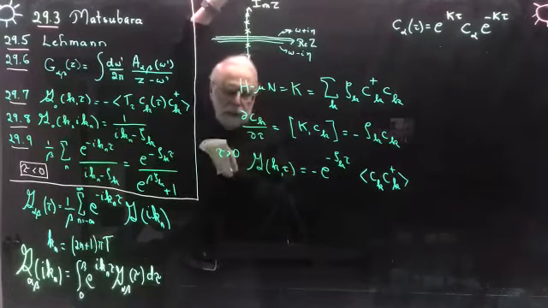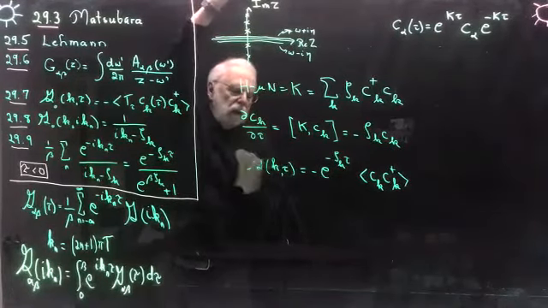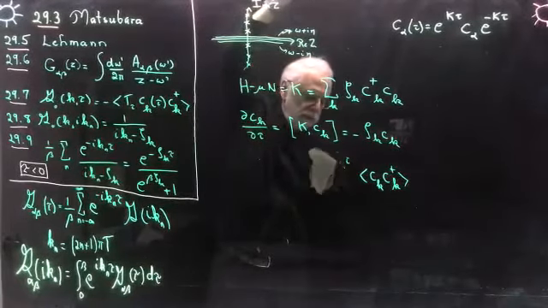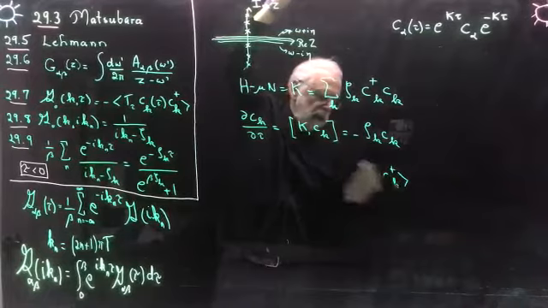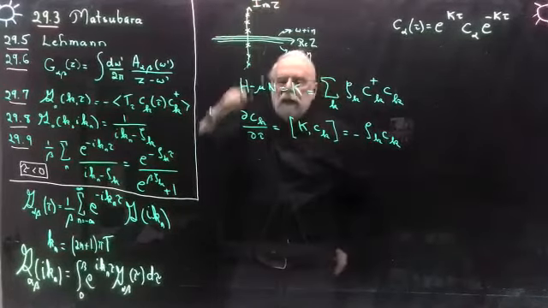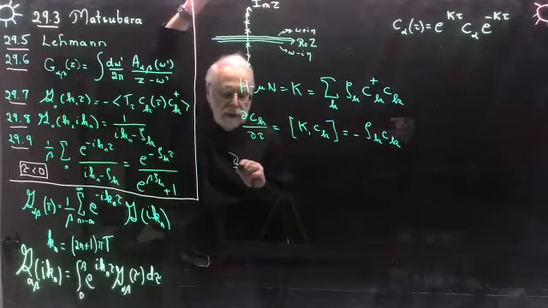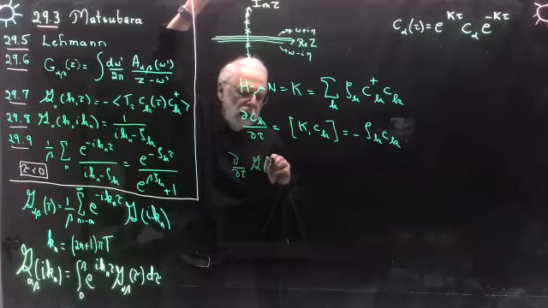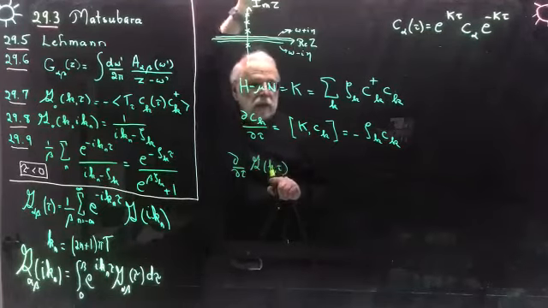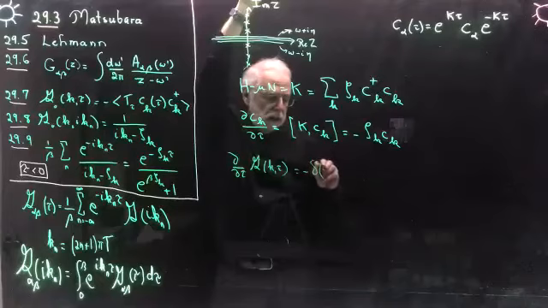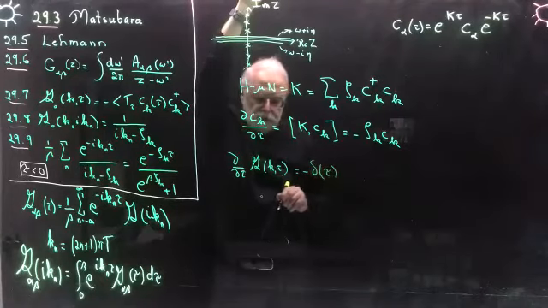Another way to do this is to remember that if I take the time derivative of g of k tau, then I have a term that comes from derivatives of the theta function. That gives me a minus delta of tau, as we looked at last time.